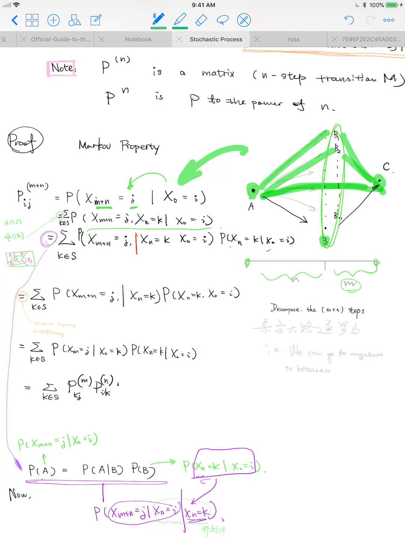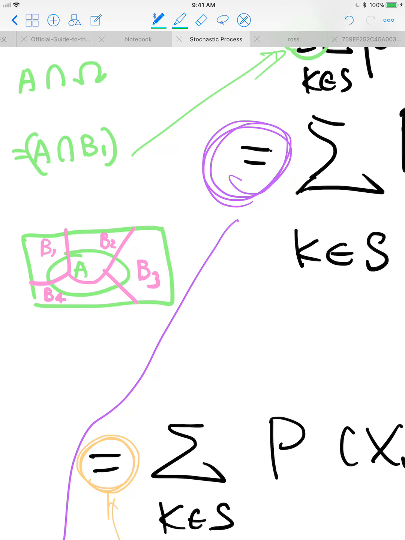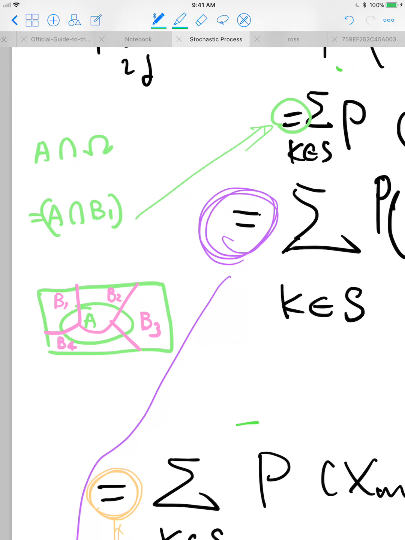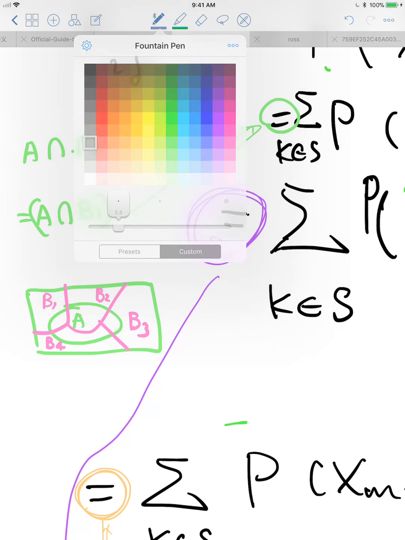So this probability equals the probability that you are going this way through B1, plus the probability that you are going through B2, plus so on. And why does this equation hold? It's because of the partition theorem, as we have noticed in the graph here.